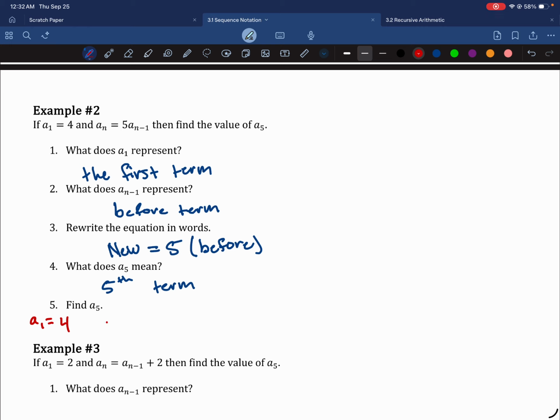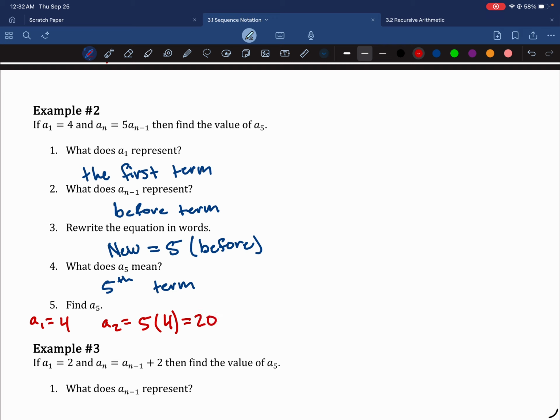Now let's find a sub 2. A sub 2 is equal to the before term times 5. So 5 times the before term. My before term was 4. So 5 times 4 is 20.